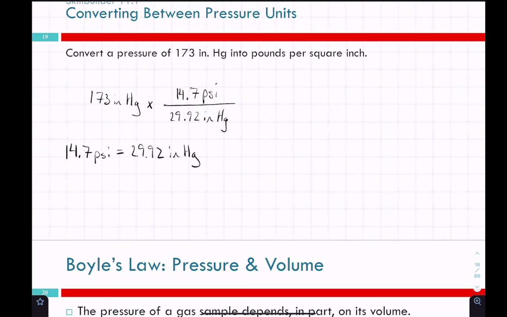So 173 times 14.7 divided by 29.92. It's going to be 85.0 psi.